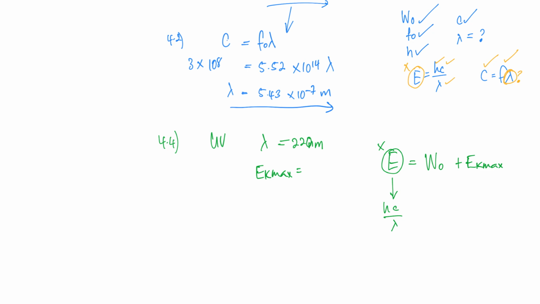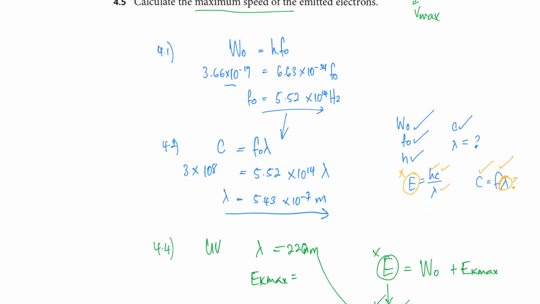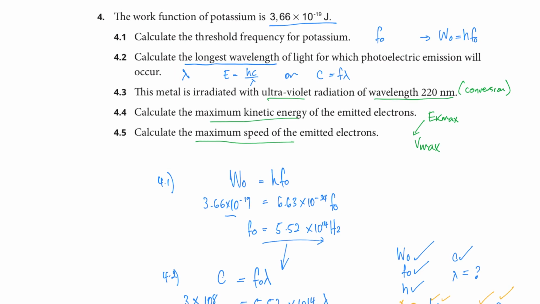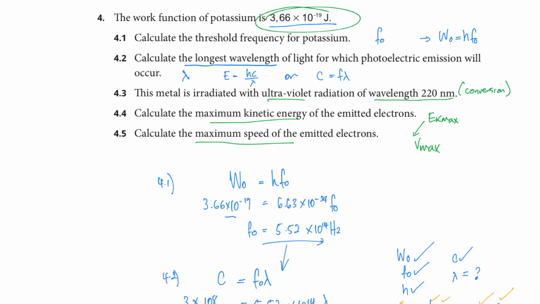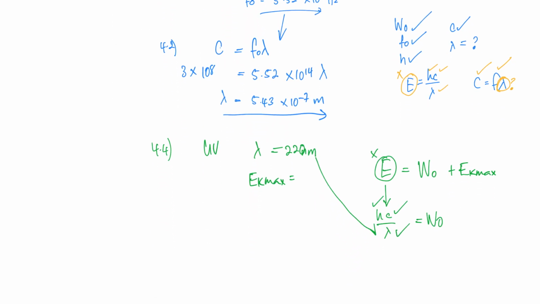I have H, I have C, and they've given us the lambda value. The work function they gave us is of the same metal. We've got the work function, and we need to work out EK max.